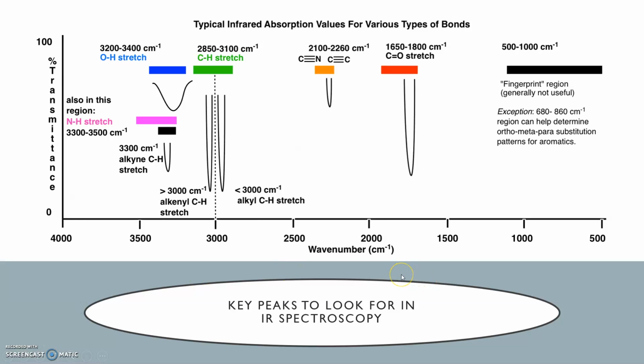These are key peaks to look for in the IR spectra. A very broad 3200-3400 OH stretch will usually indicate an alcohol. We indicated that there might be an aromatic ring, which has a bunch of CH stretches.